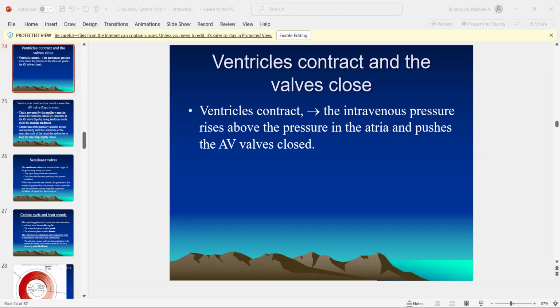You depolarize, but the calcium channels open, you get a plateau phase. Then eventually the voltage-gated calcium channels close. You repolarize because of the voltage-gated potassium channel. Eventually they will close. You get to resting, and then you're ready to depolarize again.